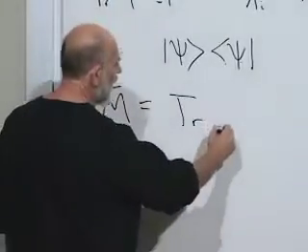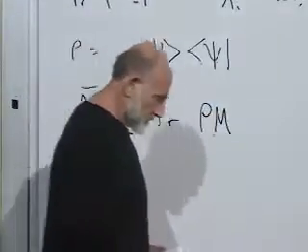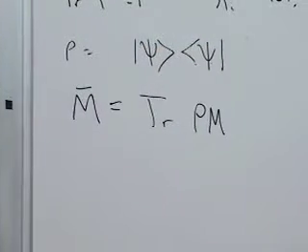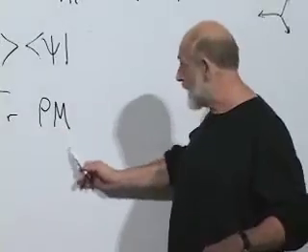Incidentally, it's not hard to prove that for the trace of a product of two matrices, whether or not the matrices commute, it doesn't matter which order you put the operators. So you can also write trace of M times rho, and it will make no difference.